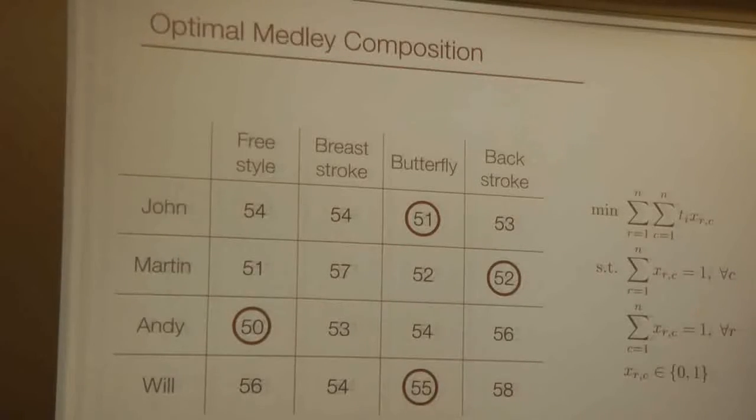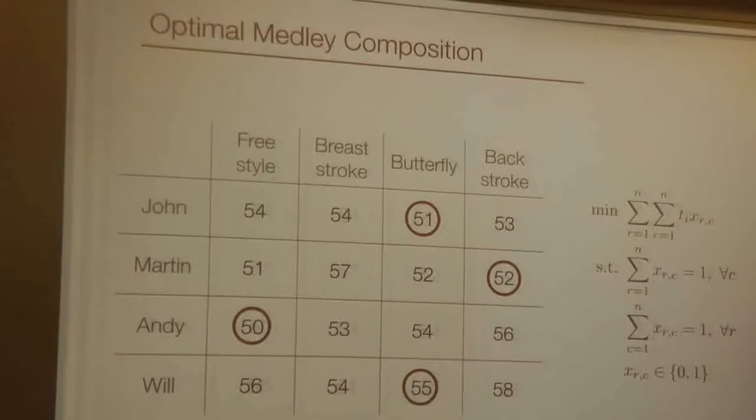And yet again, this kind of optimal composition occurs very frequently. By the way, what we are essentially looking for here is the so-called permutation matrix, which tells us who will be the first one for the freestyle, who will then swim the breaststroke.